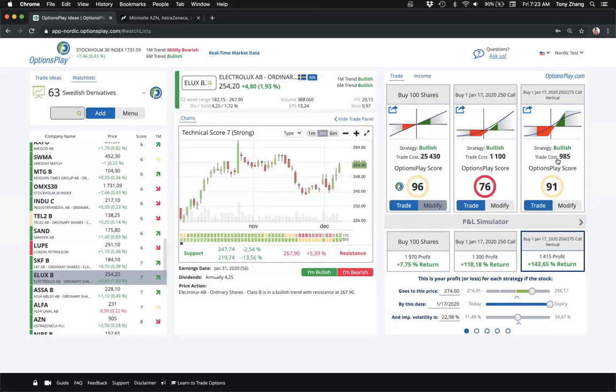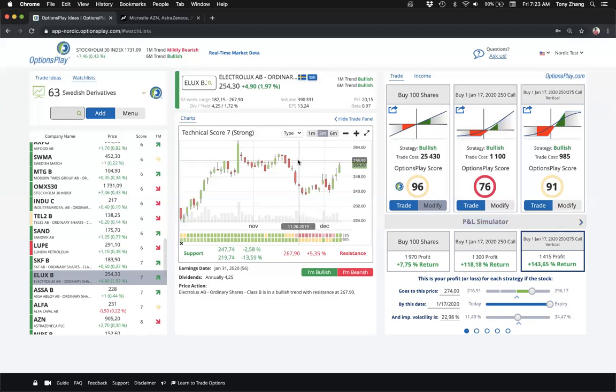So if you're not familiar with the call vertical strategy, that's okay. I will have a whole education section just on that strategy alone, but the tool is designed to allow you to take any 3 strategies and compare them side by side. So we use our P&L simulator to help you do that because you might have an outlook on the stock.